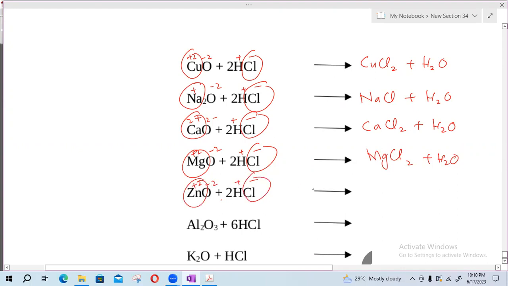Its positive will attach with its negative component and will form ZnCl2 and H2O as the product.